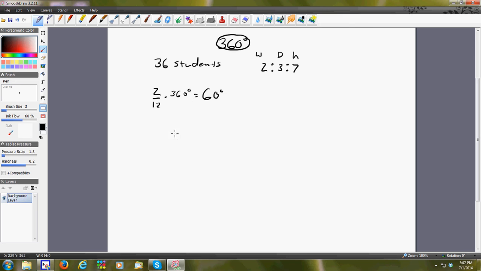Then I would say 3 out of 12 times 360. Notice I'm using 360 as the total, and you might say, well, there's 36 students. That's just something that people use for actual pie charts. So this is going to be 90 degrees. And then 7 out of 12 times 360 is going to be 210 degrees.